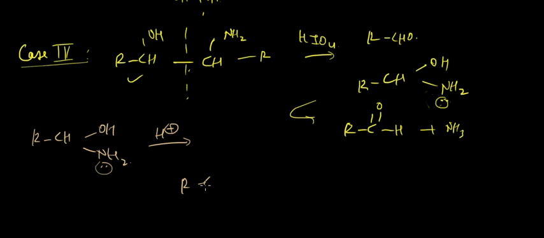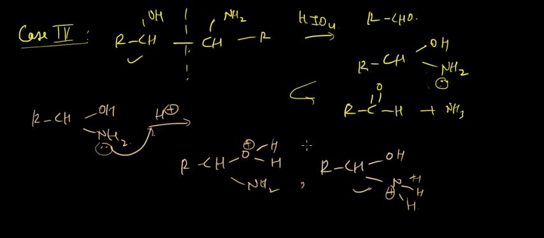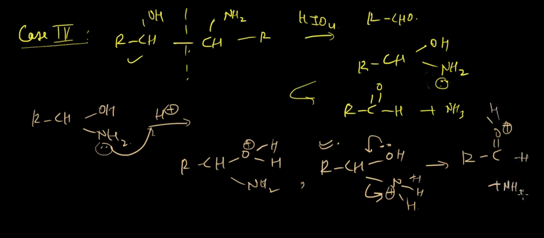Because if we look at the intermediate, we'll get positive charge on oxygen on one side, and positive charge on nitrogen on the other side. So which is more stable? Obviously this one is more stable, hence this will donate, and this will be formed as an intermediate, and this will break the bond with the carbon atom, and at the same time oxygen will form a double bond, hence we'll get something like this with NH3 released. Okay, so this will be the product.